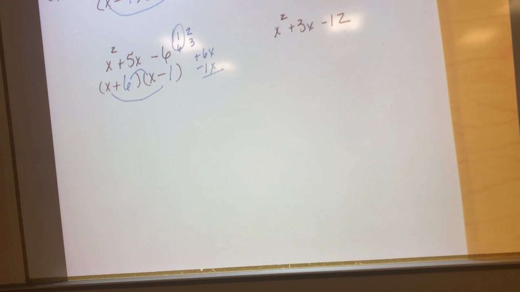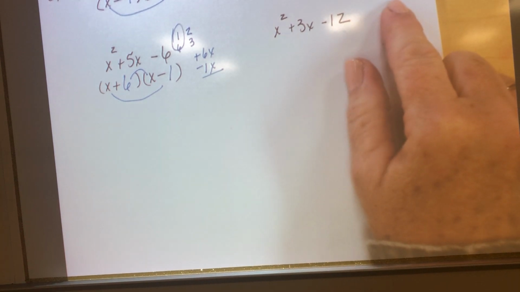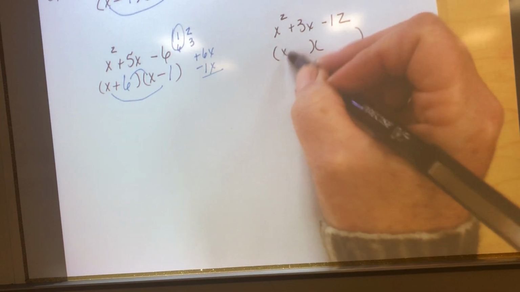Okay, you got it? No. I'm gonna venture to say that this is probably one where you should have written your stuff out right here, okay? So, can't take anything out, so I'm gonna go X and X.